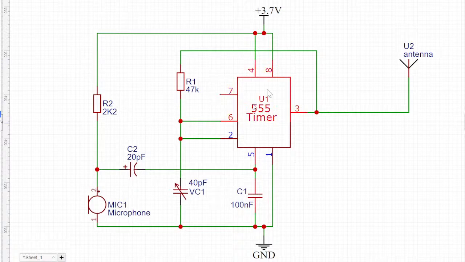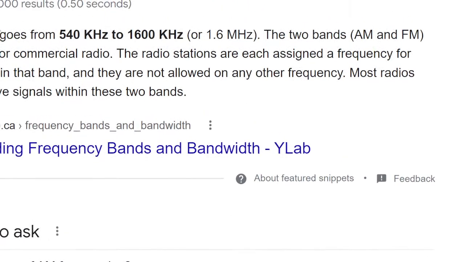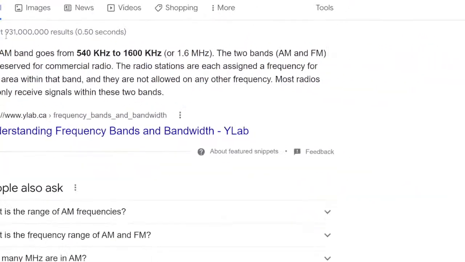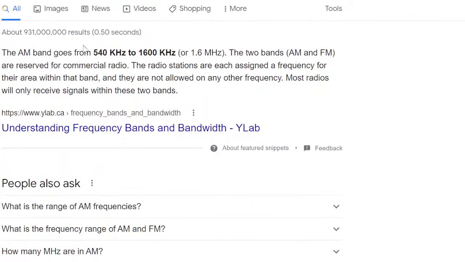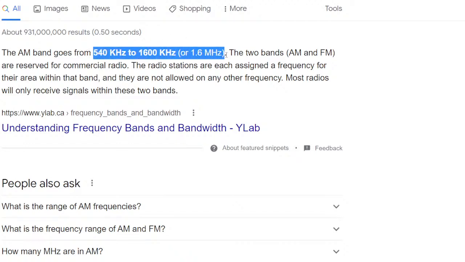We want to build a transmitter that works on the AM band. So you need to know what frequency that AM band covers. It's very important that whenever you're designing any circuit, you have a full understanding of what the functionalities are. All right. So a basic understanding of what you want to go into will help you to be successful.